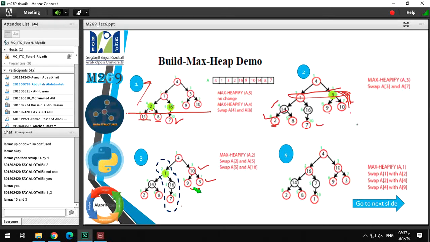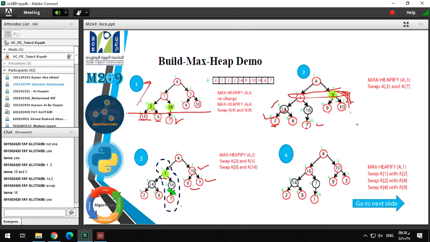Correct. Now back to 1 here. 1 is smaller than 16 and smaller than 14. So maxify. So 1 will go where? 16, because 16 is bigger. So 16 here.